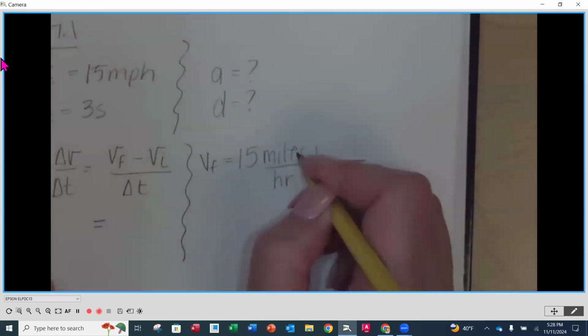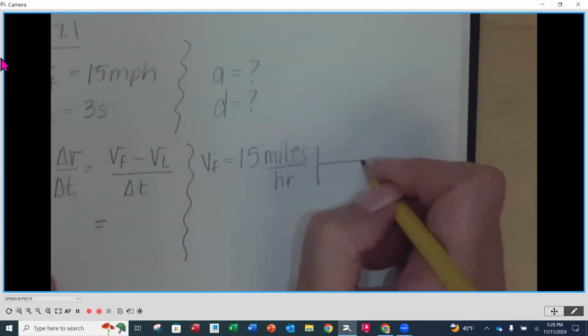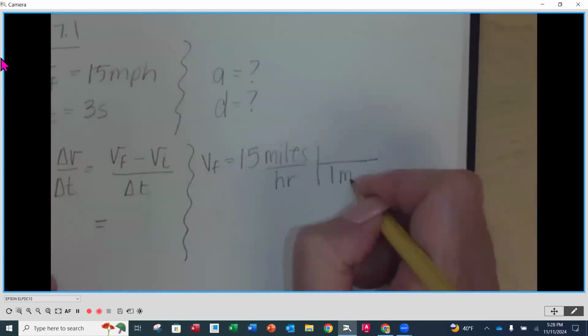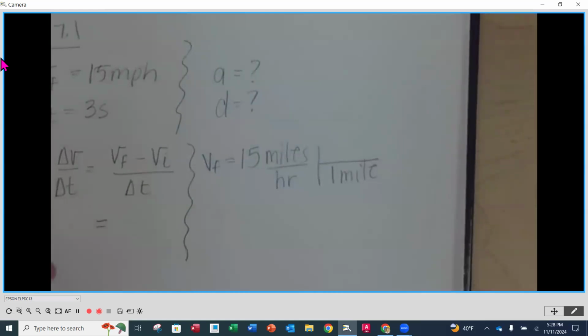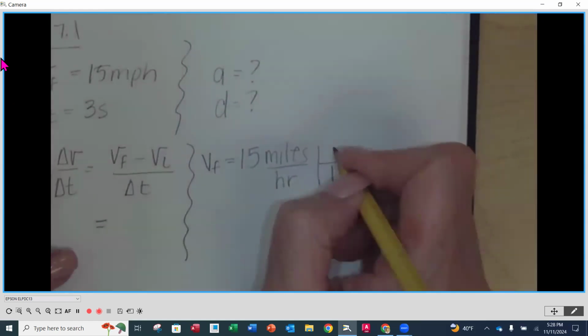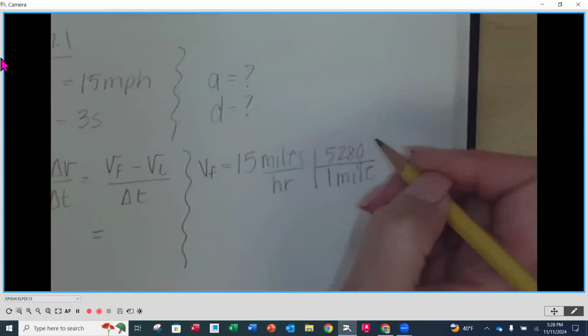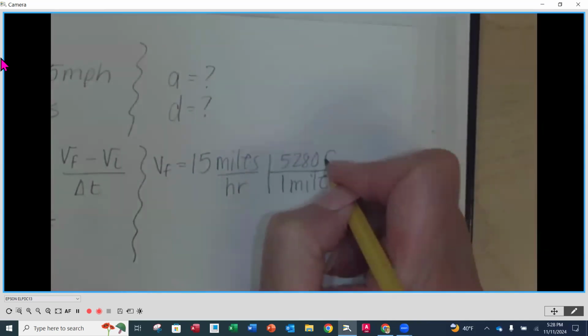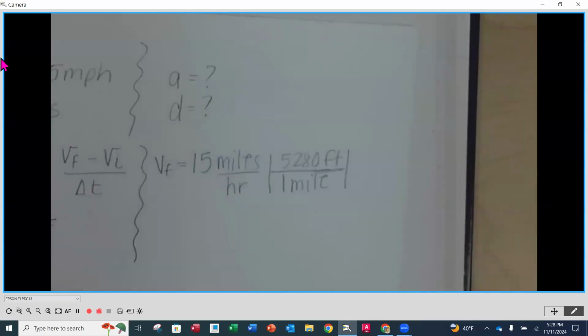So I'm going to get my miles into feet. Does anybody know how many feet are in a mile? 5,280, correct. And that's going to be 5,280 feet in 1 mile. And then I want to get my hours into seconds.